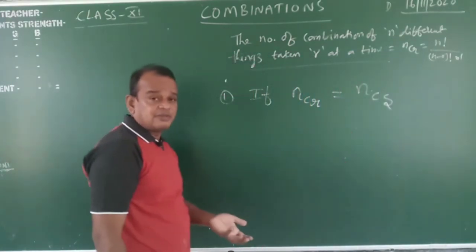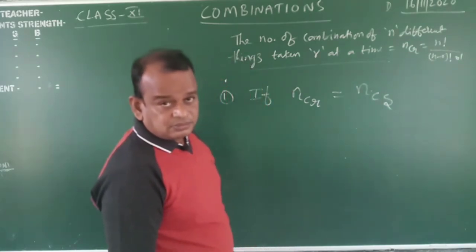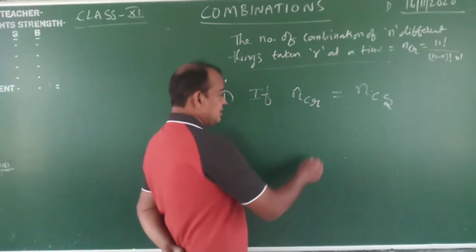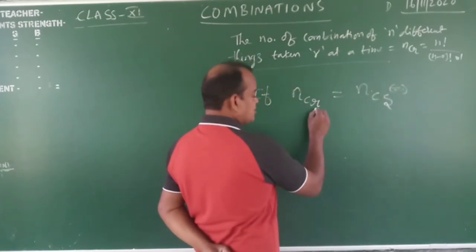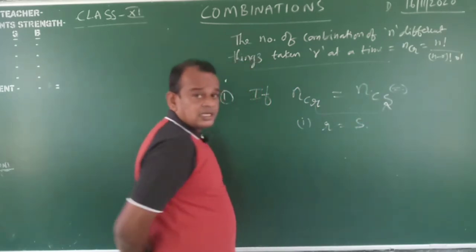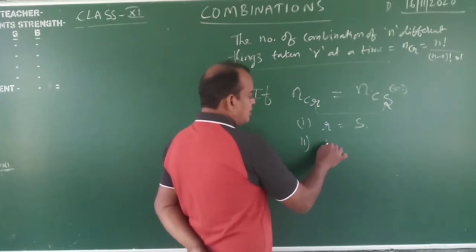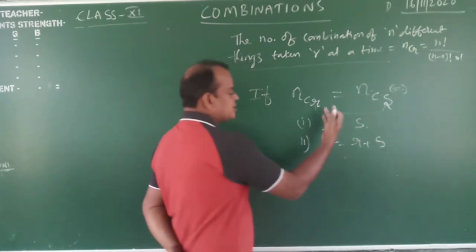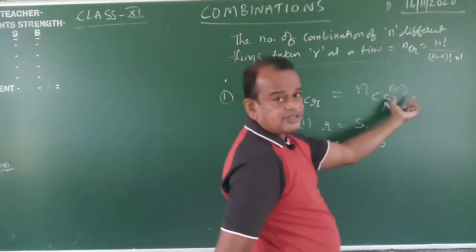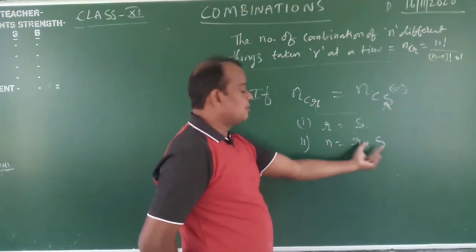Whenever the two combinations are equal, then maybe in the first case r is equal to s, or n is equal to r plus s. Any one condition must be satisfied.